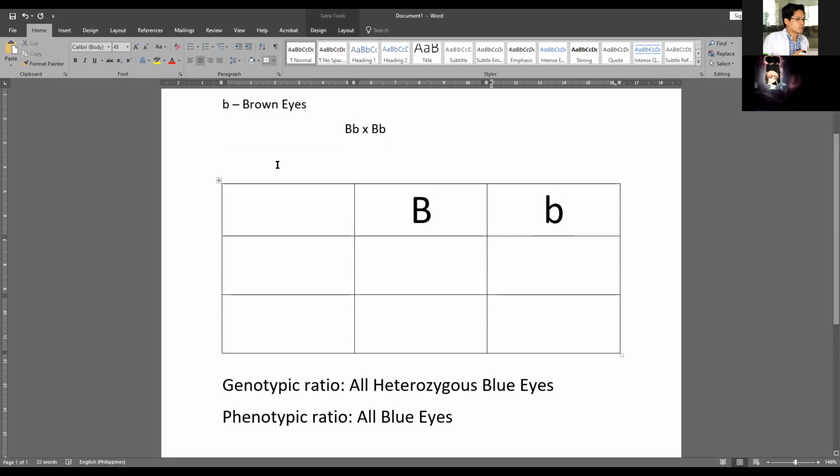Heterozygous blue eyes male to a heterozygous blue eyes female. What could be the possible results? What do you think, grade 8? Grade 8? Wait, sir. What could be the possible result?